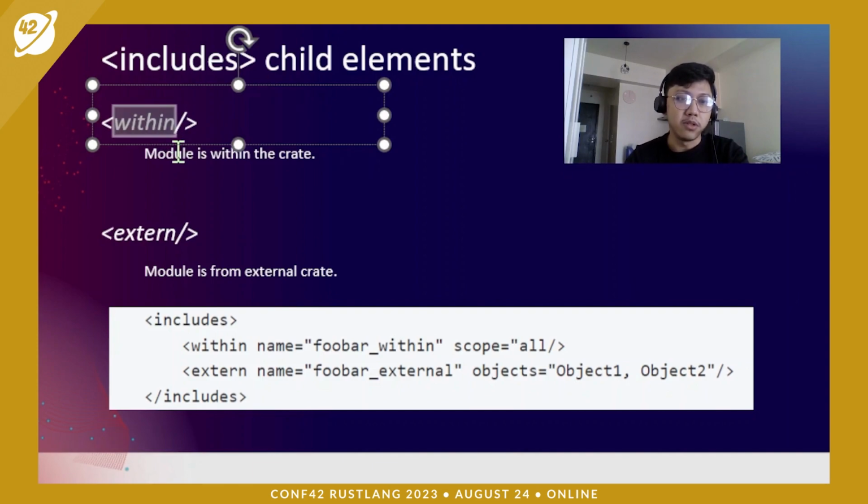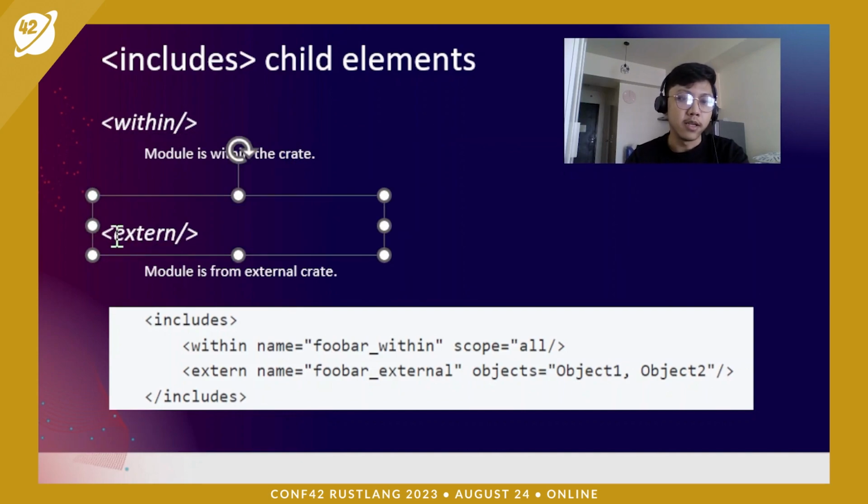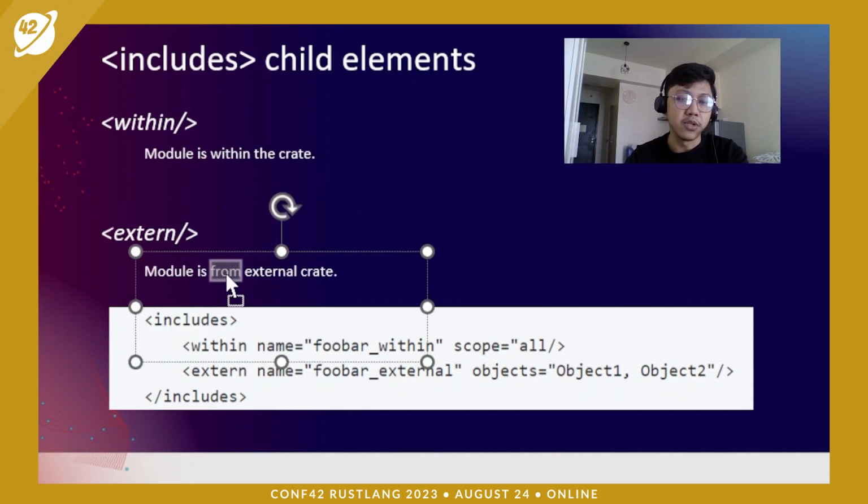Within defines that the imported module comes from within our crate. Extern describes that the module we imported is from an external crate. So here's an example.